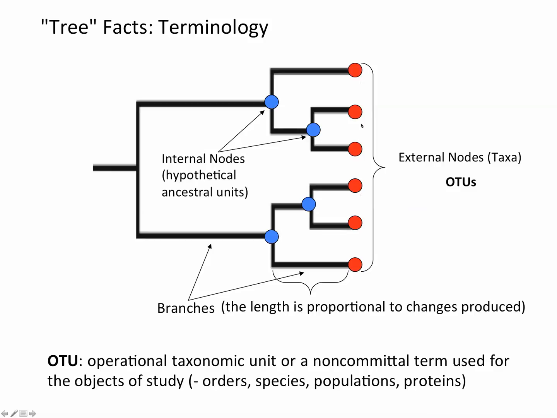External nodes are the tips that represent the taxa. Some trees will have a basal node, known as the root. A grouping of an ancestor and all its descendants is known as a clade.